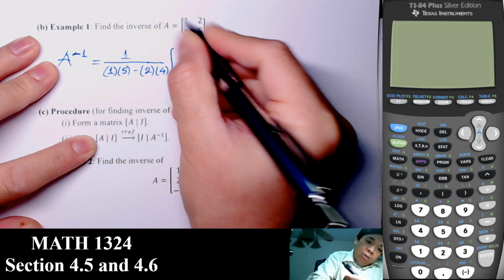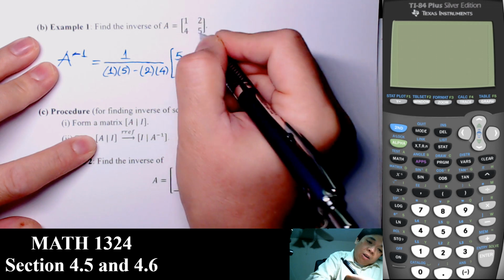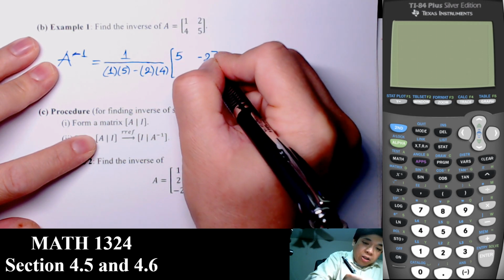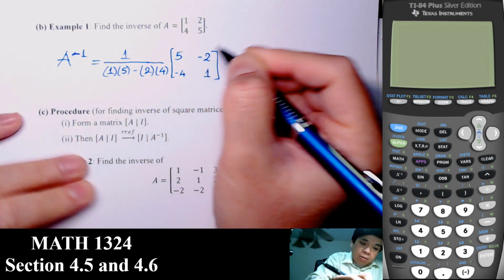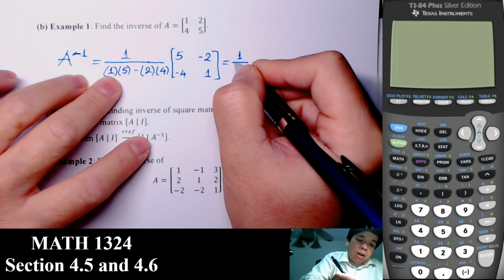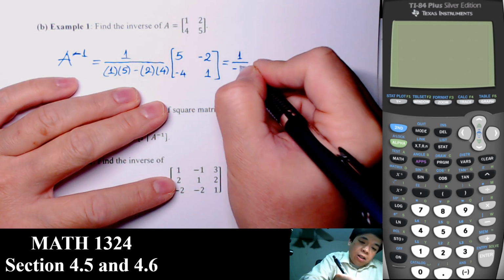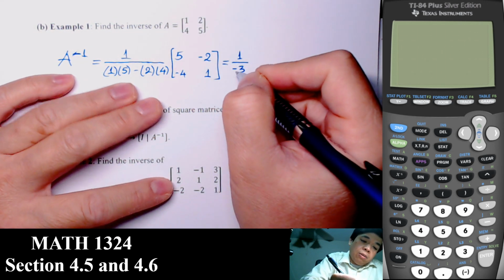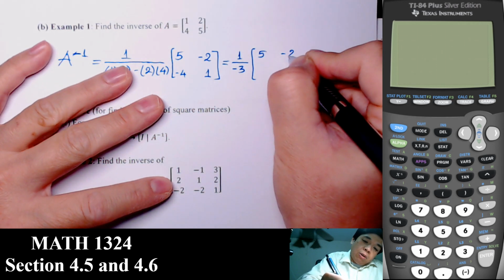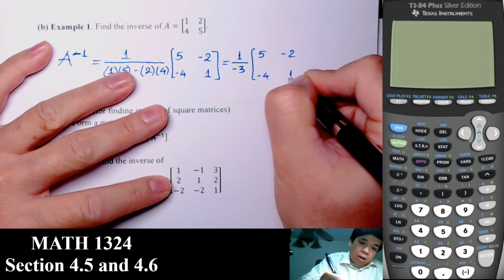Now we swap places here: 1 and 5 interchange places, and 2 and 4 change sign. That gives us 1 over 5 minus 8, which is 1 over -3. Then we have 5, -2, -4, and 1.